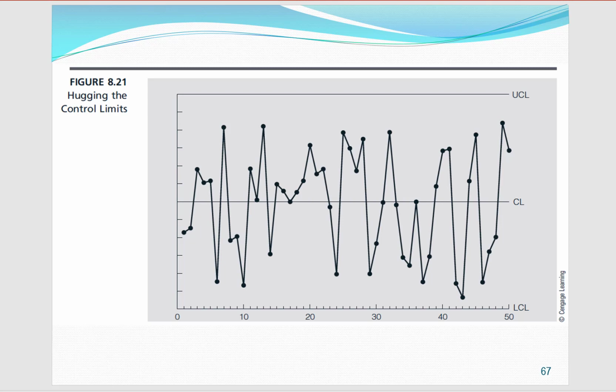As the process continues, we correct for it, and that reduces the cost of quality generally and in most cases.